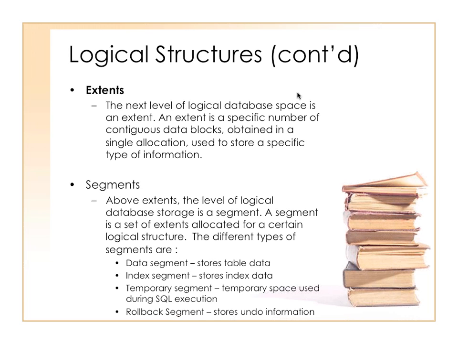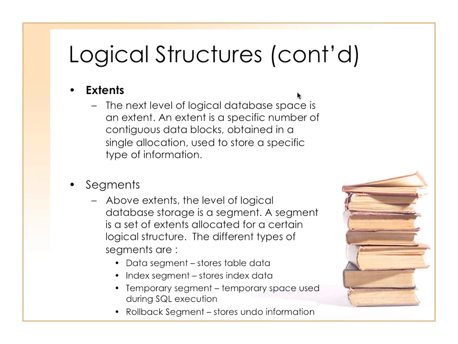The data segment stores table data, the index segment stores index data, and the temporary segment is essentially a temporary space used during execution. What that means is when commands are being run, that space is created in order for the SQL to be run against the system, as well as then a rollback segment. Rollback stores all of the undo.